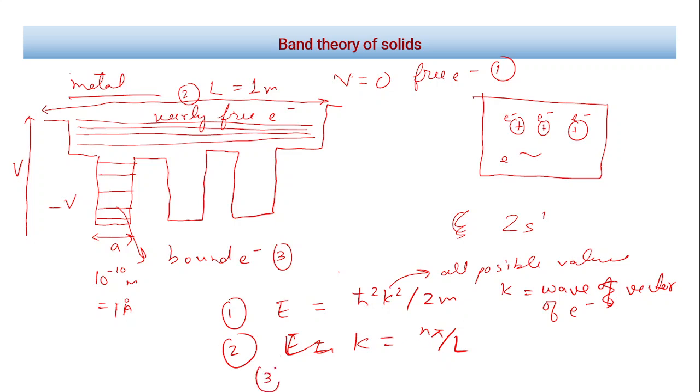And for bound electrons, energy depends on the wave vector, where the wave vector can only take values n pi by A, because here the dimension is A and there the dimension was L, and L is of course more than A. So this is how the energy will vary for these 3 different categories of electrons.